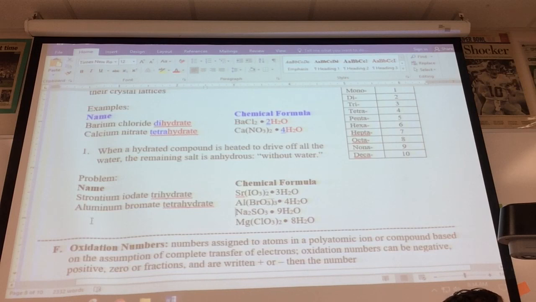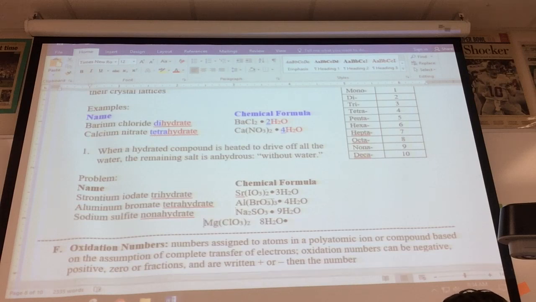How about naming? How would we name this one? Na is sodium, SO3 2 minus, sulfite, and then 9 would be nona, and H2O is replaced with hydrate.